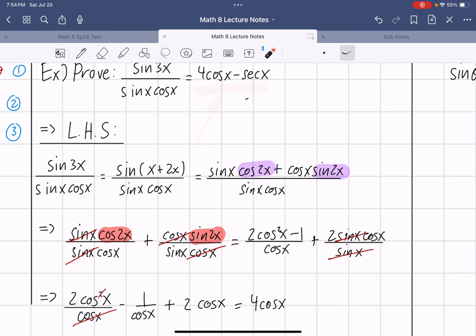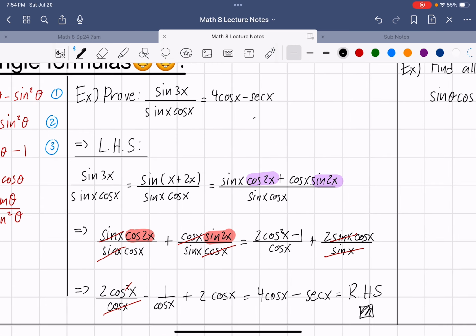That right-hand side is minus secant x. So I have a minus, and I know 1 over cosine is equal to secant x. And now I have gotten to my right-hand side, and that is what I was looking for.